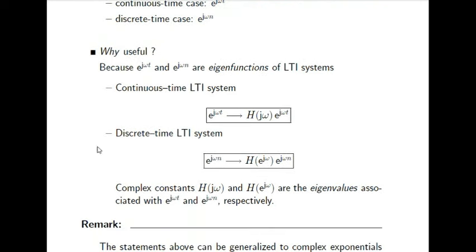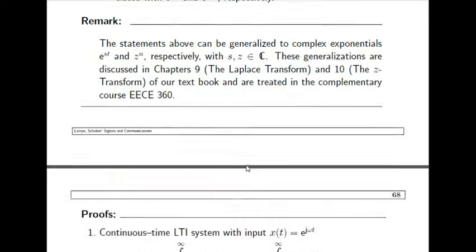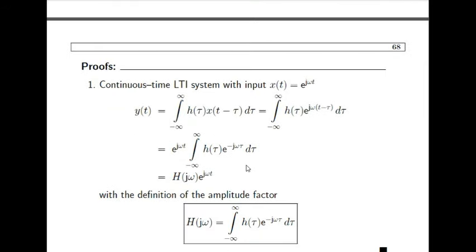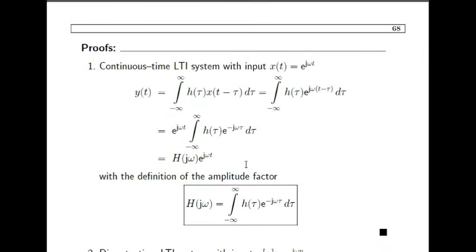These complex constants H of j omega and H of e to the power j omega are called eigenvalues associated with e to the power j omega t and e to the power j omega n respectively. Again, just remember the name eigenvalues. Now let's see the proof.